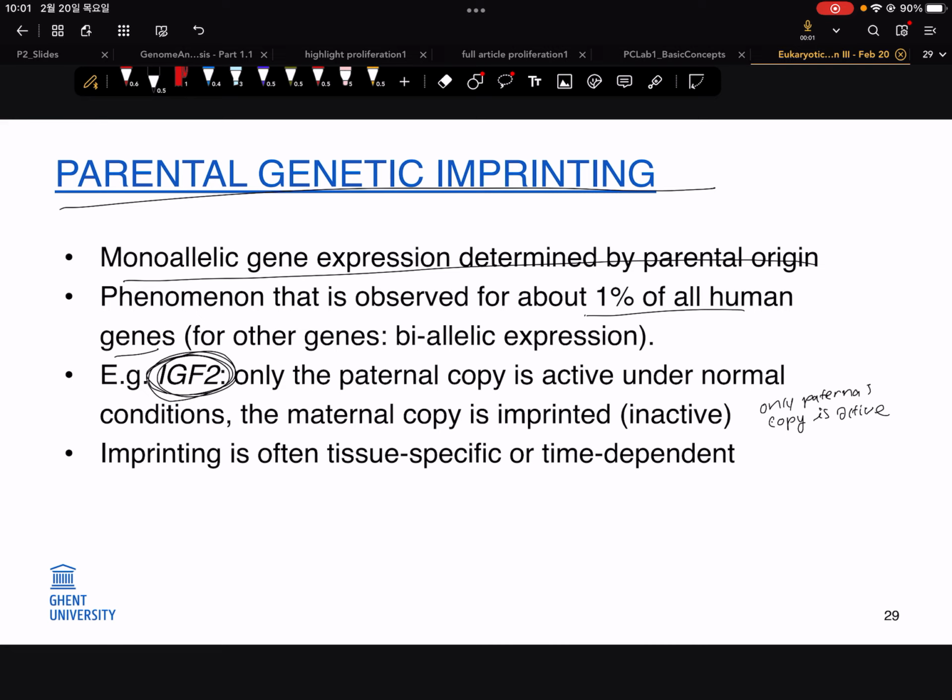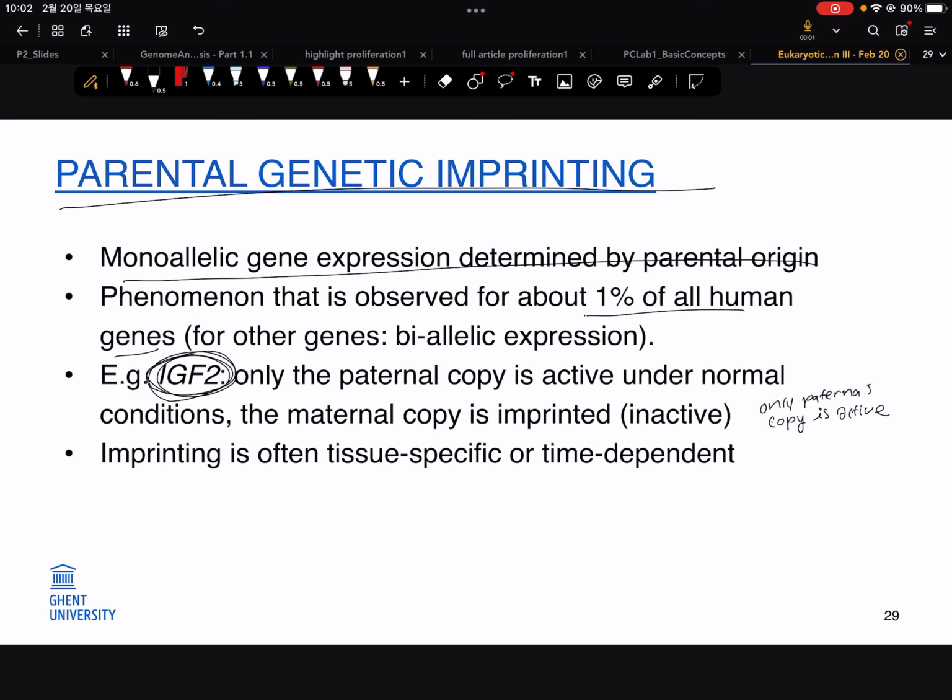The maternal copy is inactive, or we also say that it's imprinted. However, imprinting can also be tissue specific or time dependent. For IGF-2, that's not the case, but for other genes, it can be only in specific tissues or only at specific times during development.